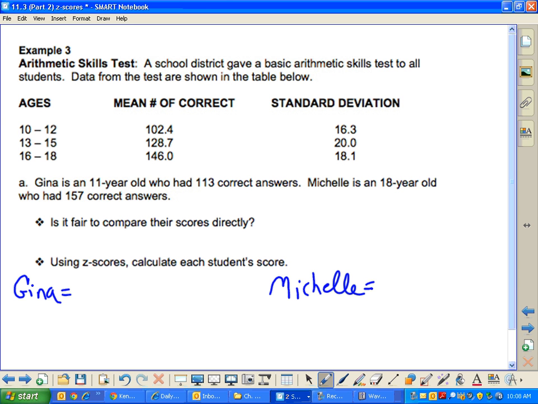Okay, so Gina's z-score, you have to take her data value and again compare it to the mean. Find out how it's different from the mean. Essentially subtract the mean from her data value. So she scored 113 correct, minus the mean for her age group, which was 102.4, and divide by her age group's standard deviation, which was 16.3.